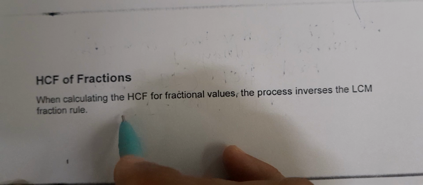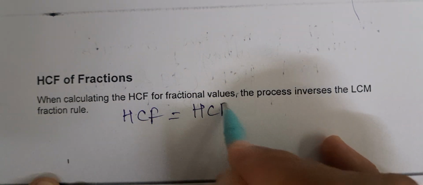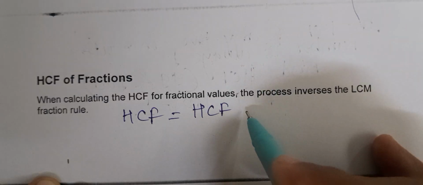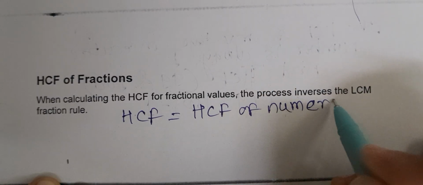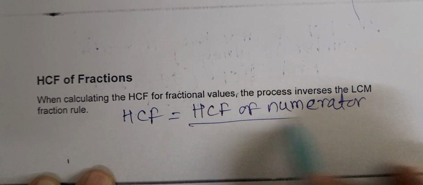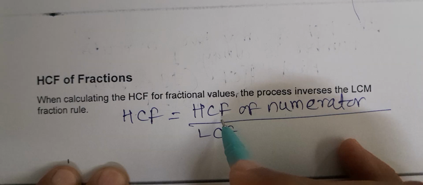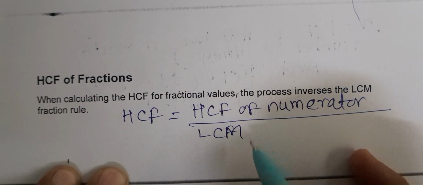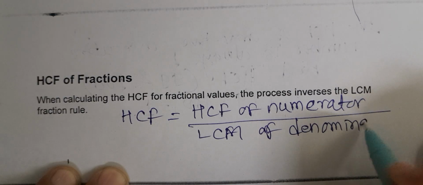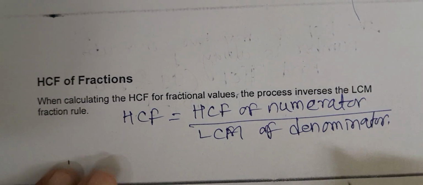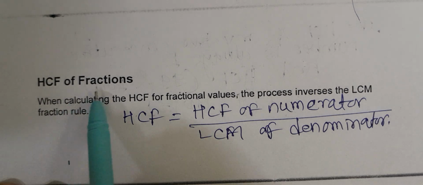And here the HCF of the fractions can be found by taking the HCF of the numerator values and the LCM, lowest common multiple, of the denominators. So by using this formula we have to find the HCF of the fractions.